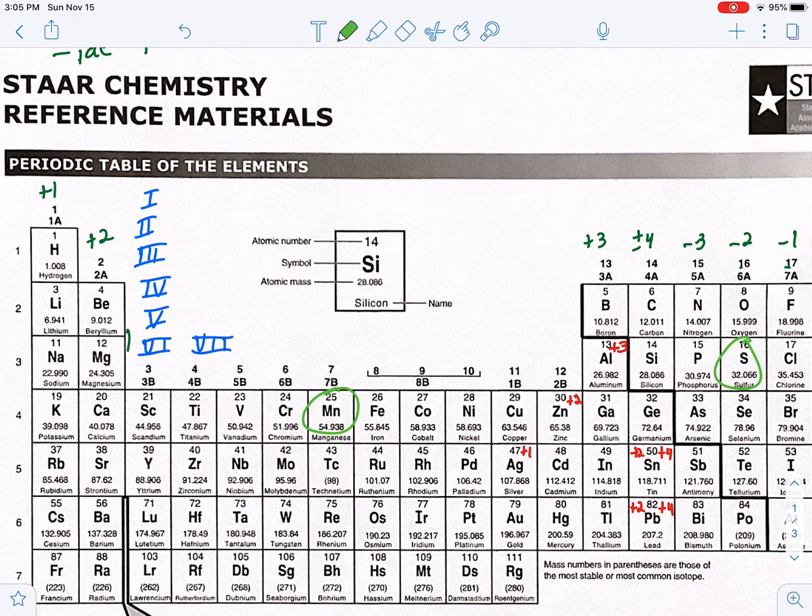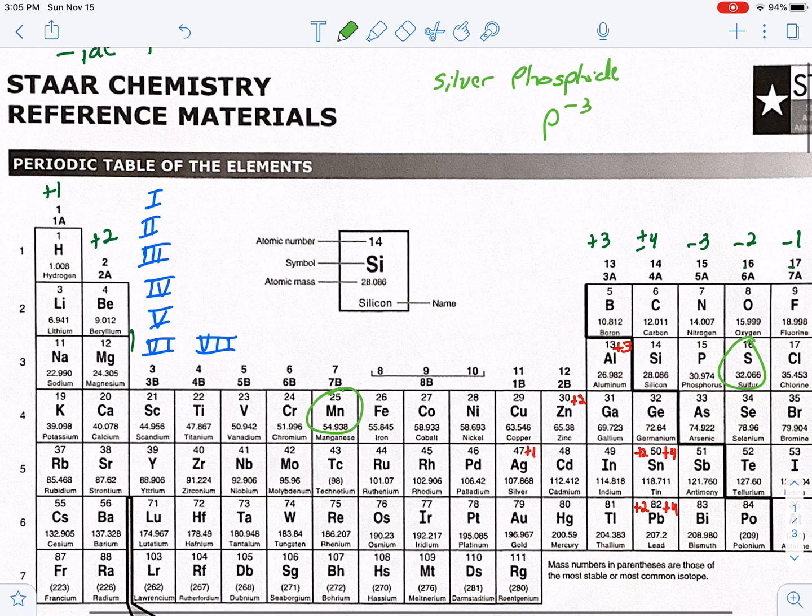So now I'm going to give you the name. Let's try silver phosphide. I always start with the anion because, again, they don't change. Phosphorus is number 15, so phosphorus has a charge of -3. And then silver, right here, that's one of our exceptions.